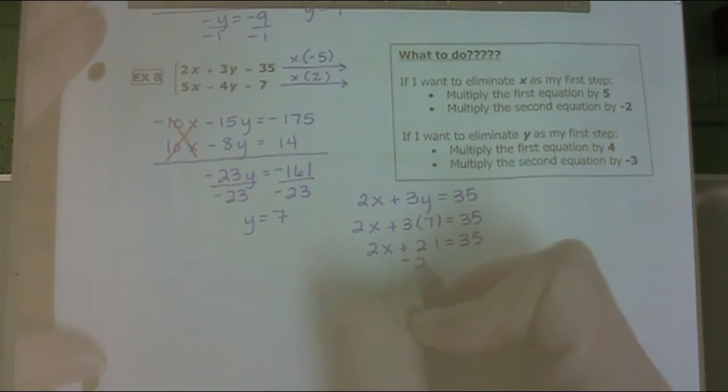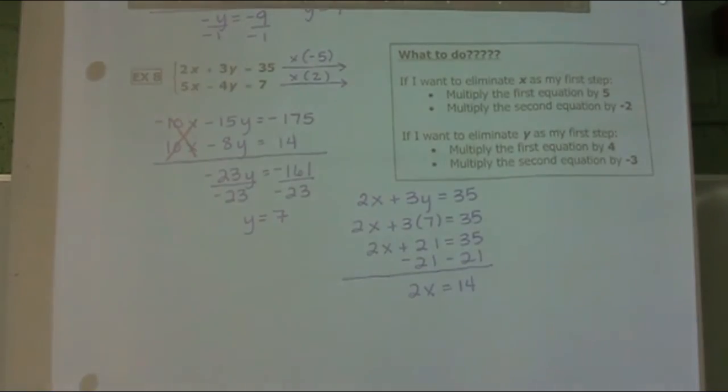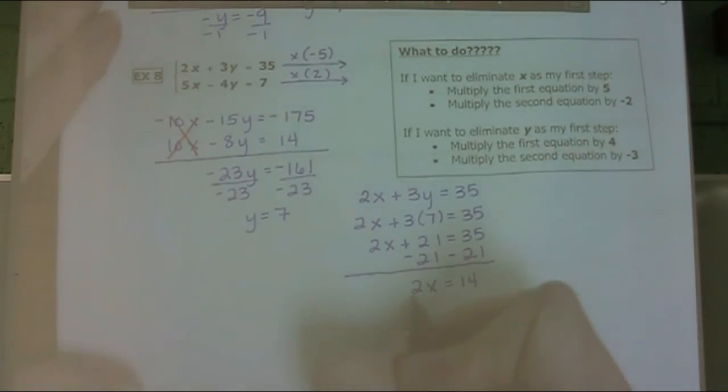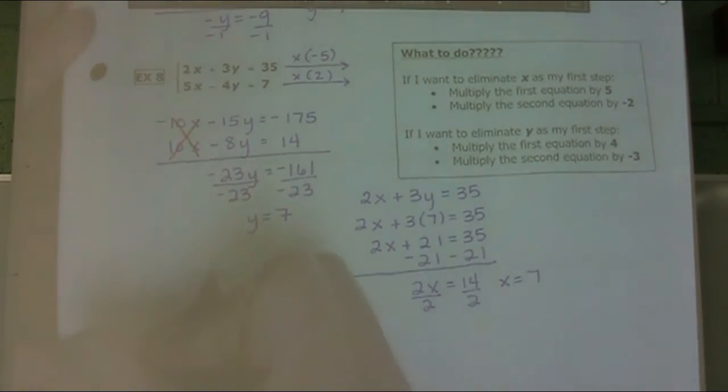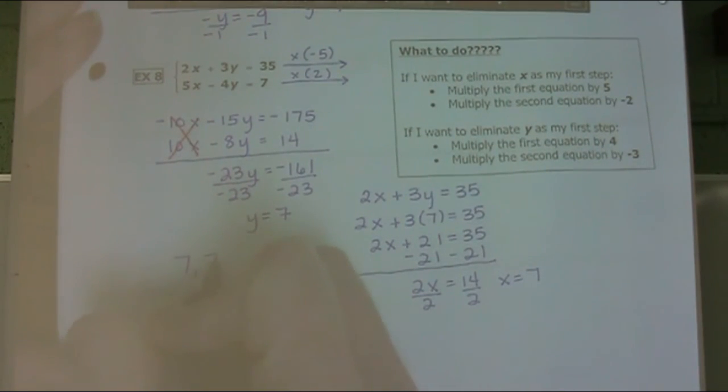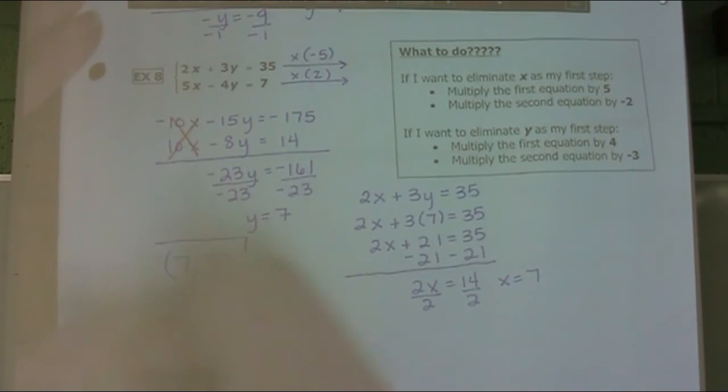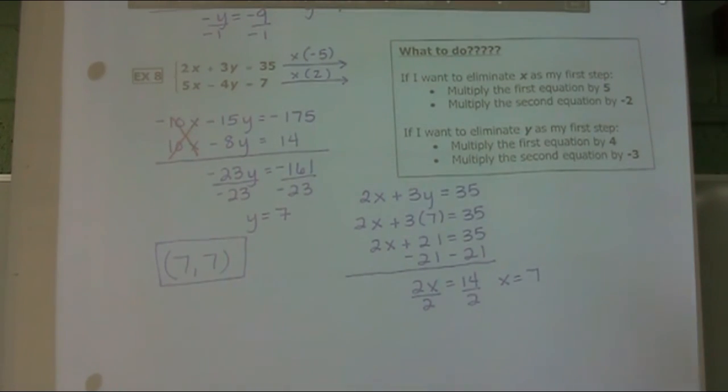I'm going to subtract 21 from both sides. This gives me 2x equals 14. Divide both sides by 2, and that gives me x equals 7. So both x and y happen to equal 7. And I'm going to write my solution, 7, 7, in parentheses, put a box around it so that my teacher can find it.